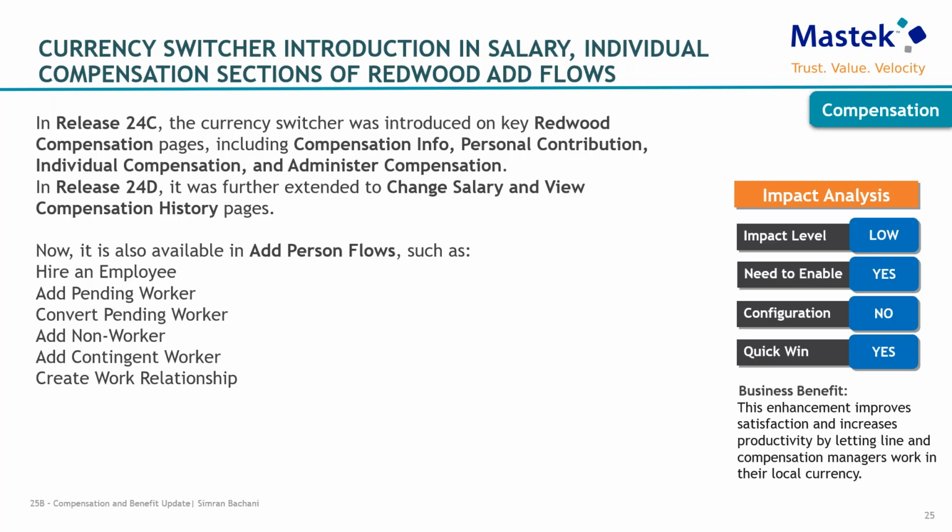Release 24D expanded this feature to the change salary and view compensation history pages. Now it is also available in key add person flows such as hire an employee, add pending worker, and create work relationship. This enhancement improves user satisfaction and productivity by allowing managers to work in their local currency.